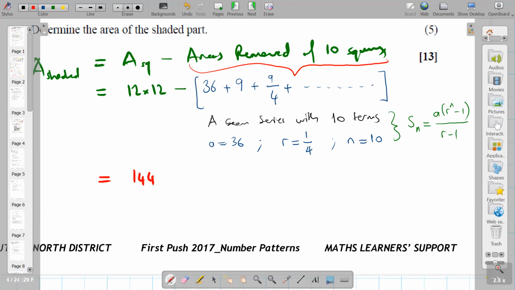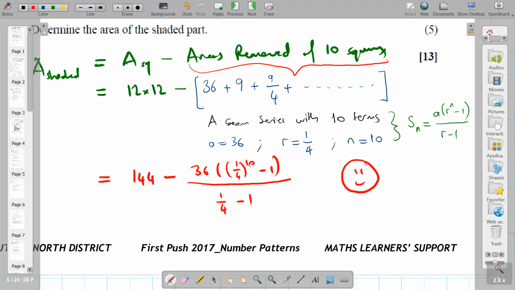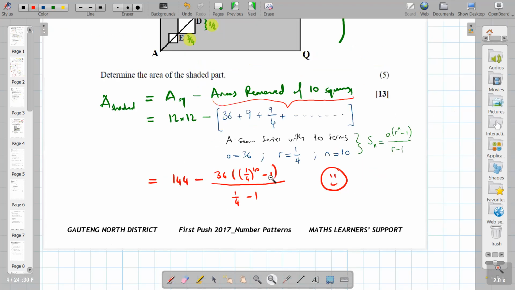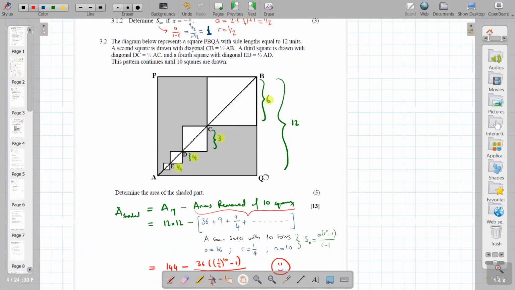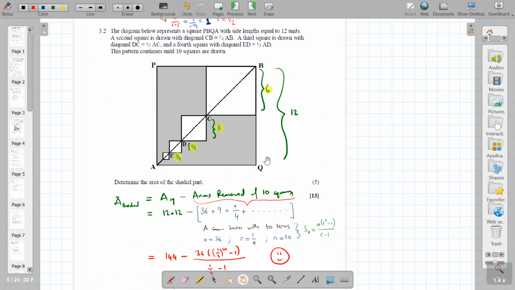From 144, I will subtract what? 36 times 1 over 4 to the power of 10 minus 1 over 1 over 4 minus 1. Okay, that is the area removed. And whatever the answer, you can smile. I don't have a calculator now, but you just plug in those values and get the answer for the shaded area, you see.